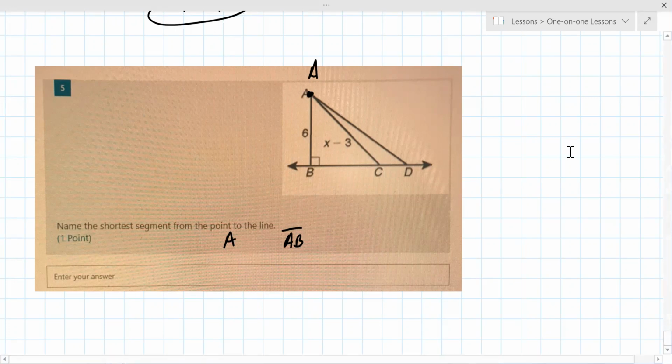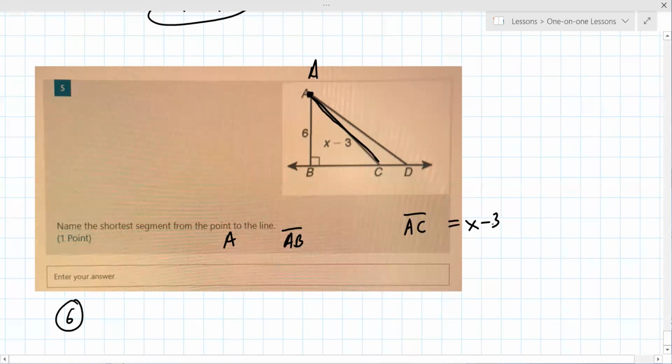Now they want you to write an inequality for X in part 6. So this AC is X minus 3, and it has to be the biggest side because it's the hypotenuse. So X minus 3 must be greater than the other side.